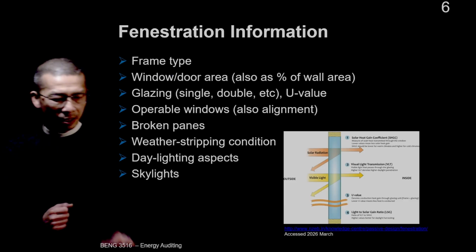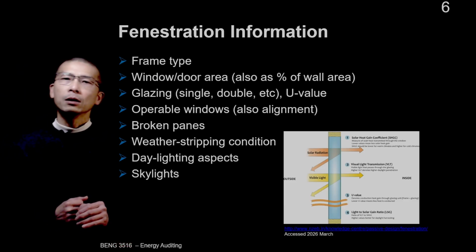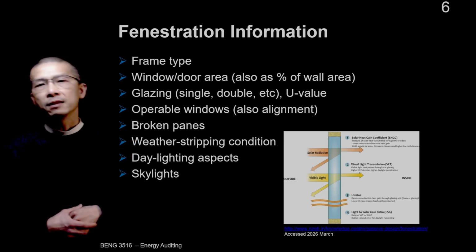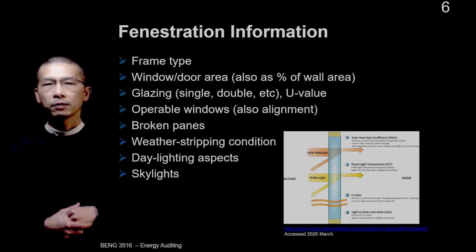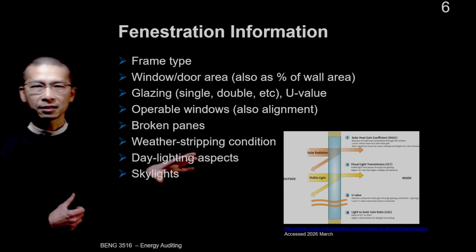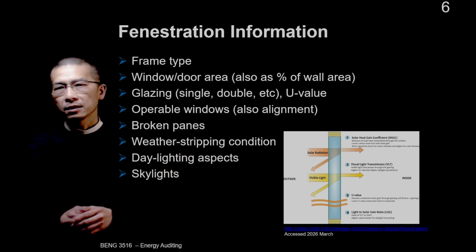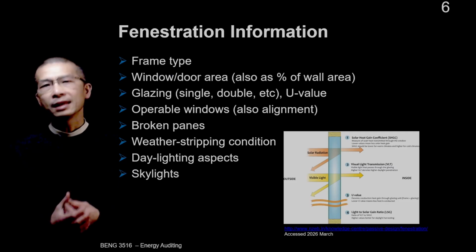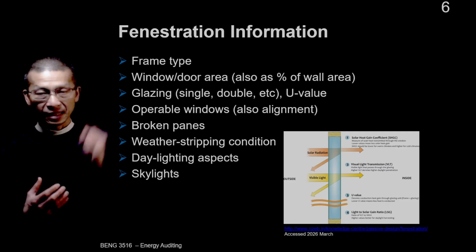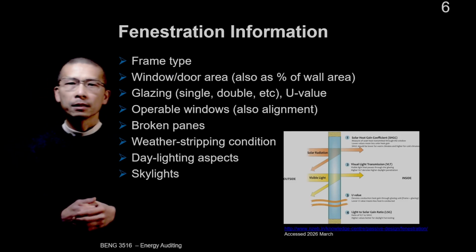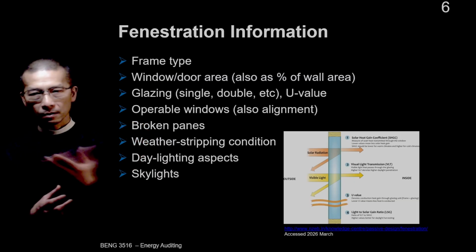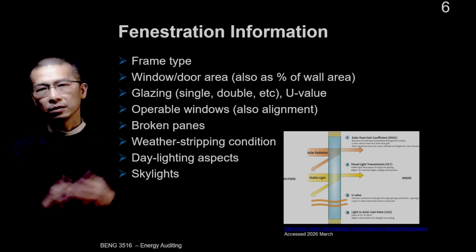One thing to mention here, if you go buy windows, there's another index that you might want to check, the visible light transmittance. It's not shown on this slide here. This is the percentage of visible light, the light that our eye can see and sense, that can come through the window.